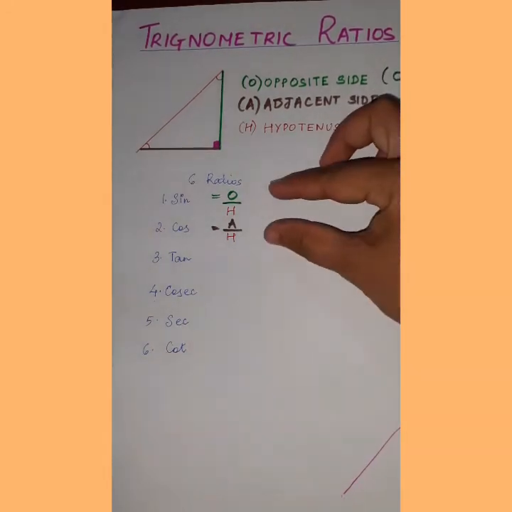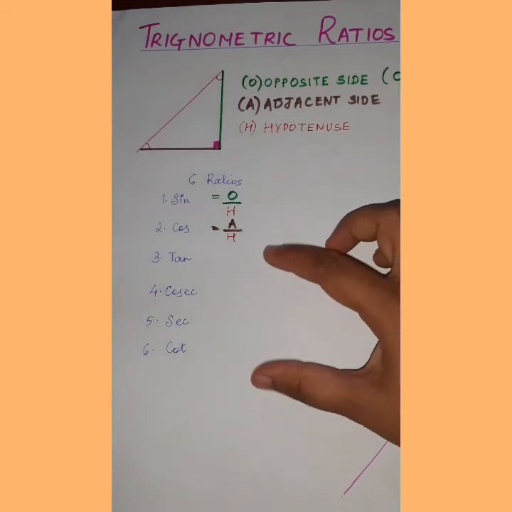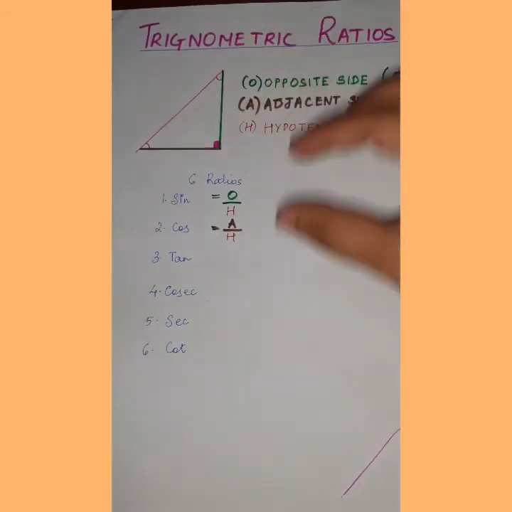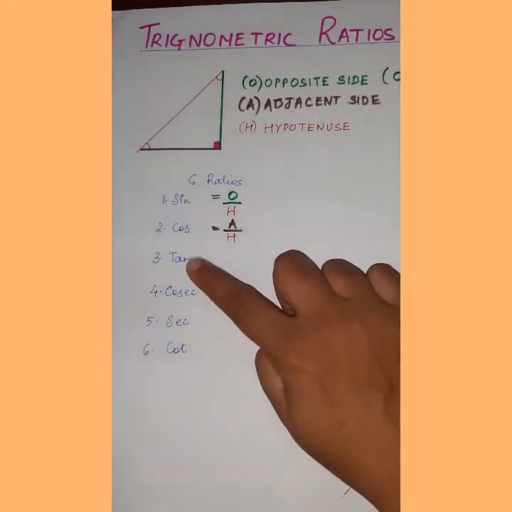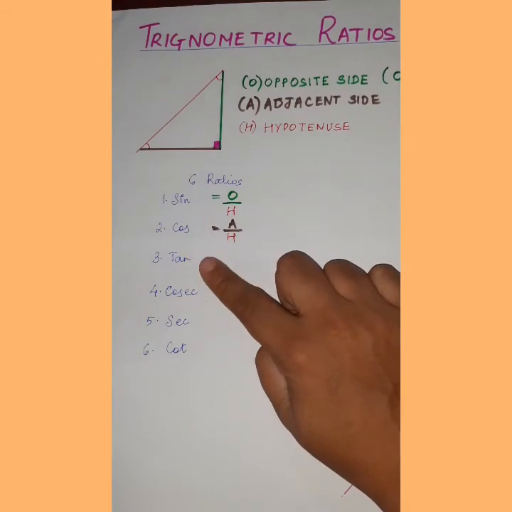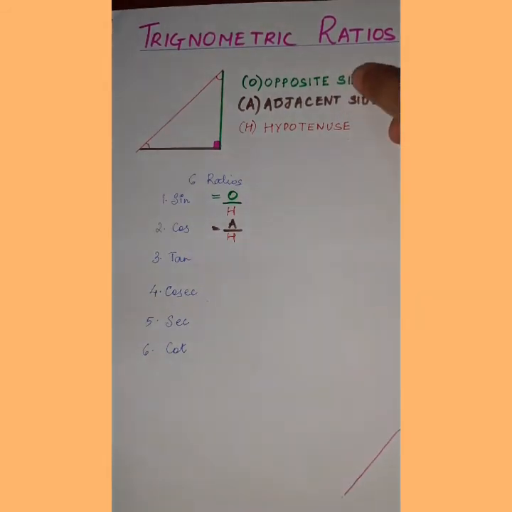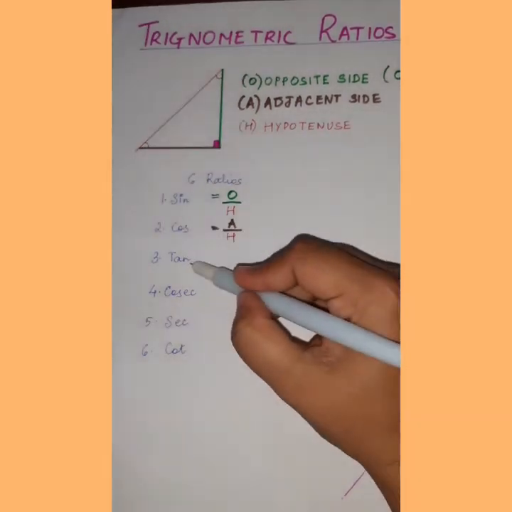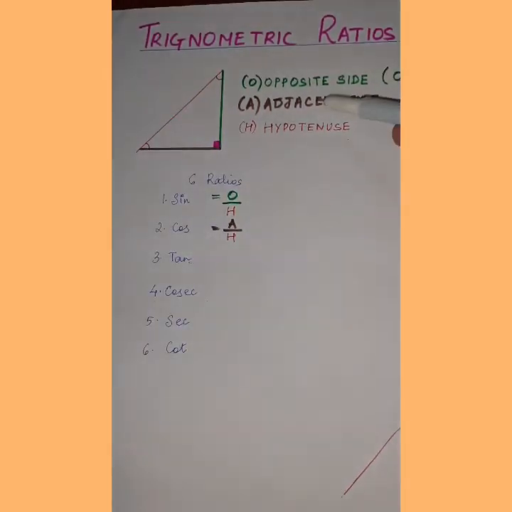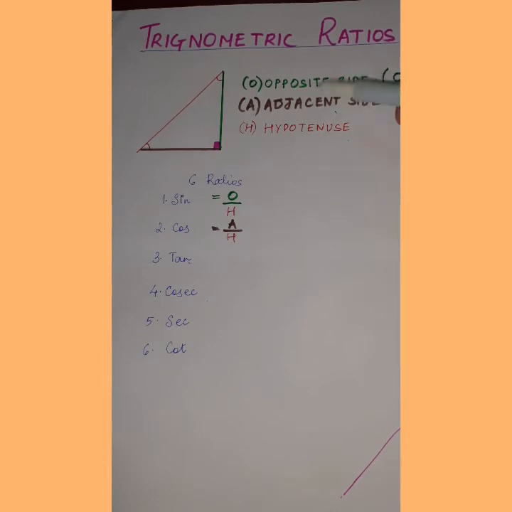Now once we understand these two, we can write the remaining ones without looking here, because they are very simple. Tan is dependent upon the opposite side and the adjacent side. The third trigonometric function is the ratio of the opposite side and the adjacent side. That is why we write it as O upon A, that is opposite side upon adjacent side.